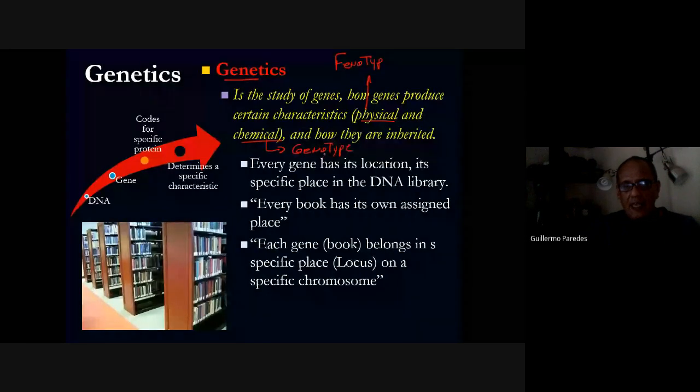Let's make a cake, the same example I gave you last time. The cake ingredients are going to be the genotype; they are the chemicals, the substances. So when the cake is ready and finished, you see a nice, beautiful cake that overall is called the phenotype. So when you see the phenotype, that is, for example, how big your nose is, how big your ear is, how tall you are, or the color of your eye, skin, hair, whatever, right?